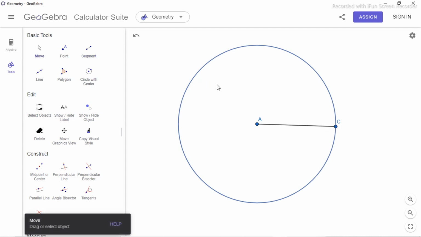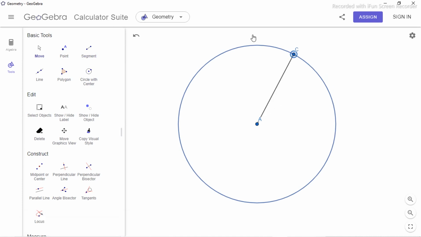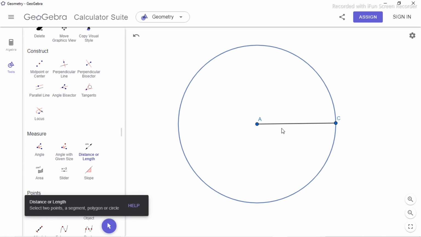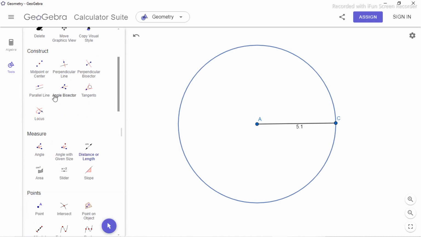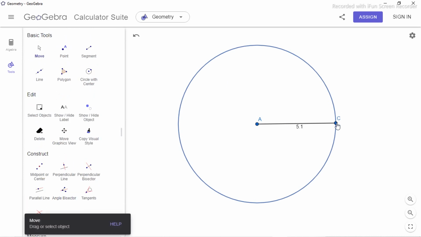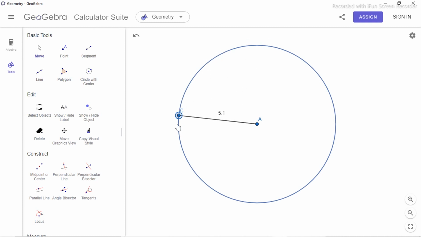The radius is the same distance all the way. This is what forms a circle. We can also indicate it by adding a number like so. It's good to work with numbers. As you can see, the radius is 5.1 units in this case. So that's the radius of our circle.